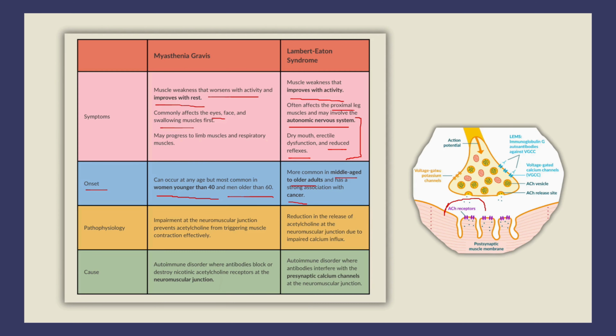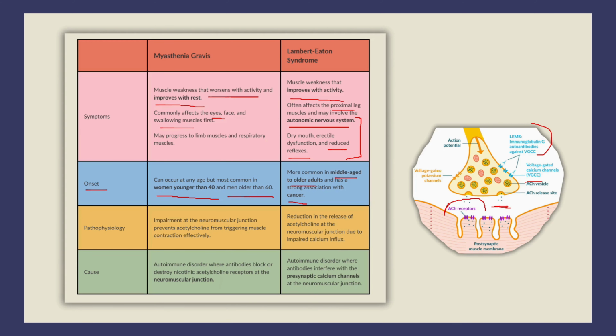While in Lambert-Eaton syndrome, the problem is presynaptic. There are channels called VGCC, voltage-gated calcium channels, and they are blocked in Lambert-Eaton syndrome by the antibodies. Because these presynaptic calcium channels help in releasing the vesicles of acetylcholine into the cleft, by blocking them there will be less acetylcholine release into the cleft.